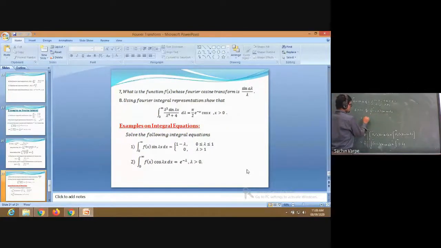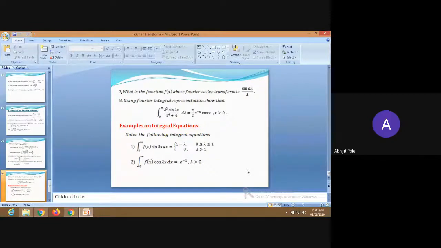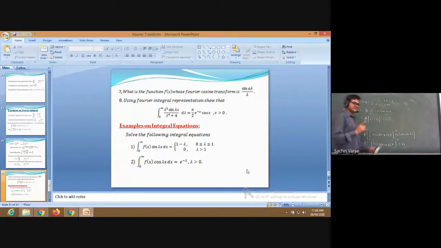So 2 by pi, u into v: 1 minus lambda into the integration of sine, which is minus cos of lambda x upon what? Lambda. See, this is the mistake you are making. Since we are integrating with respect to lambda, x will be constant, not lambda. So the denominator will be x. Remember, habitually we are taking lambda.